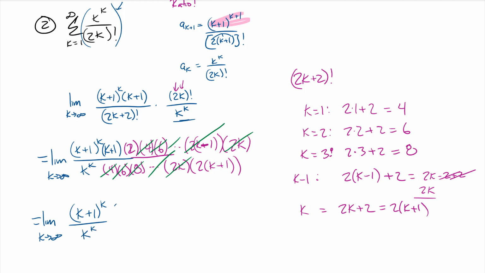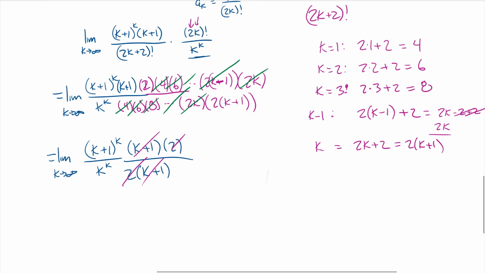I know it's tough. Times k plus 1. We still have that 2 that's up here, and then we're left with 2 over k plus 1. Oh, look at that! All gone.